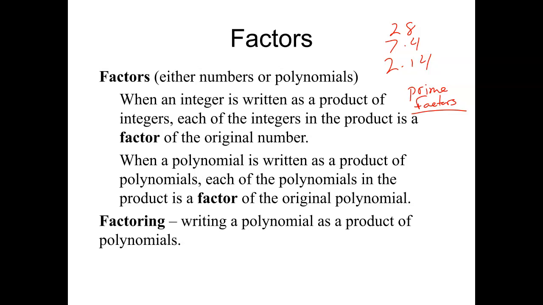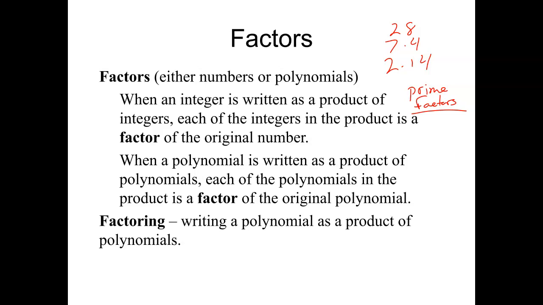A prime number only has factors of 1 and itself. So for example, 2, 5, and 7: the only things you can multiply to get 5 are 1 and 5, and to get 7 are 1 and 7. Those are all prime numbers.